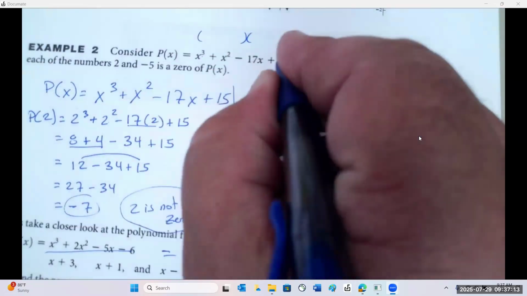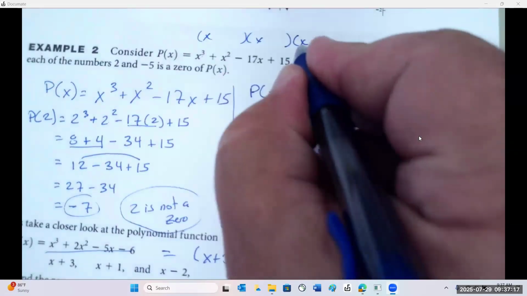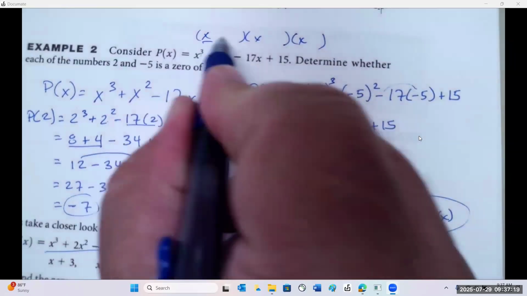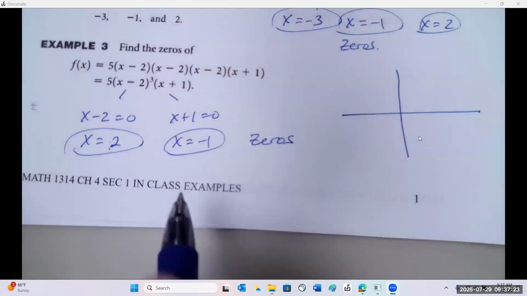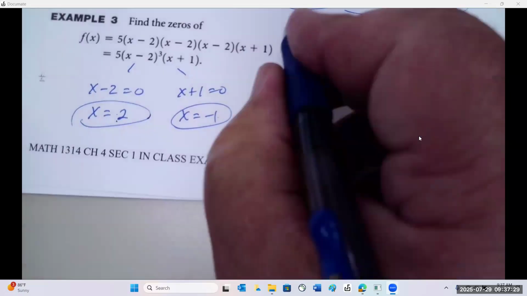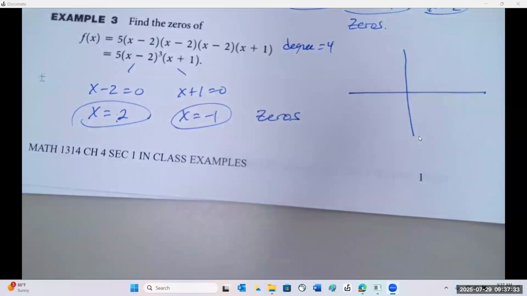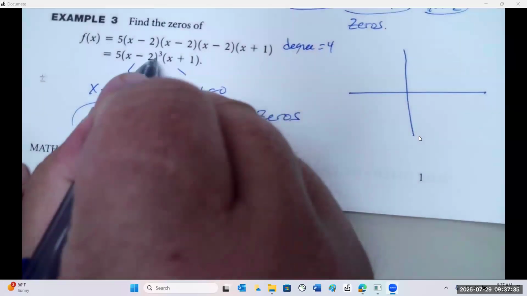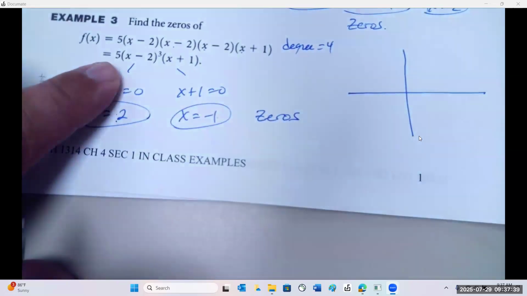It would look like this, so x would be in front of each one of them. So there's 1, 2, 3. That's where that came from. So how many x's do we have here? We have 4. So the degree is 4, and we can count 1, 2, 3, 4 x's.